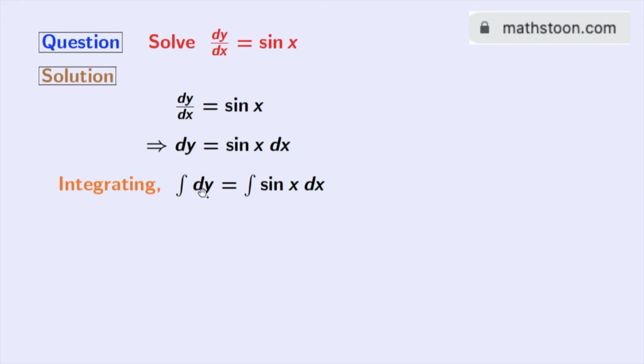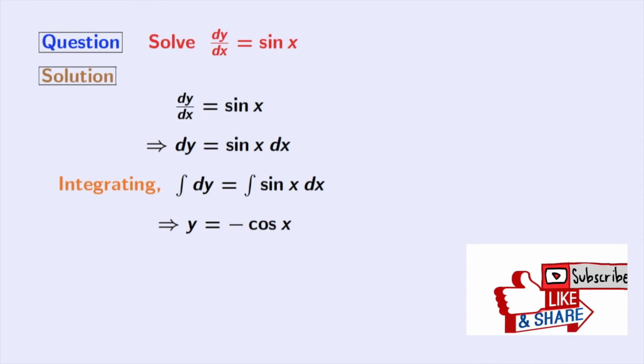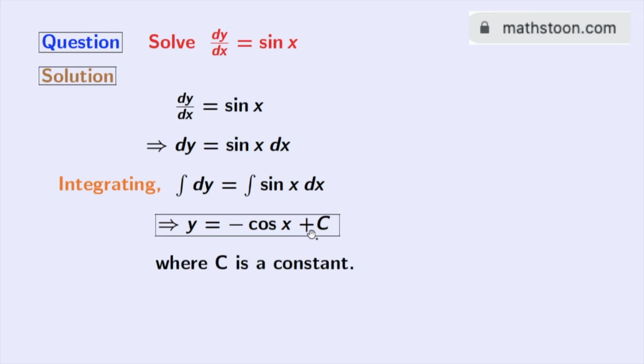As integration dy is equal to y and integration sin x dx is equal to minus cos x, so we get y is equal to minus cos x plus c, where c is an integration constant. And this is our final answer.